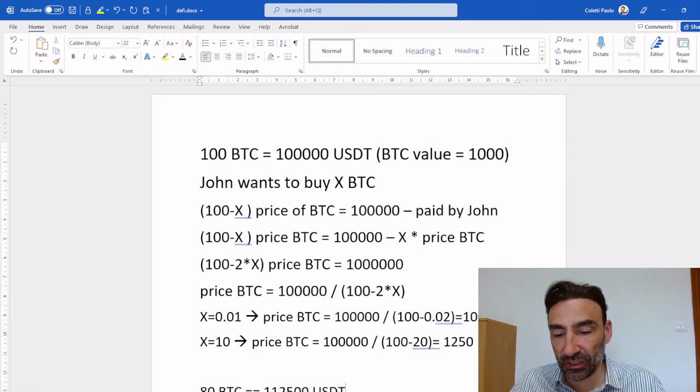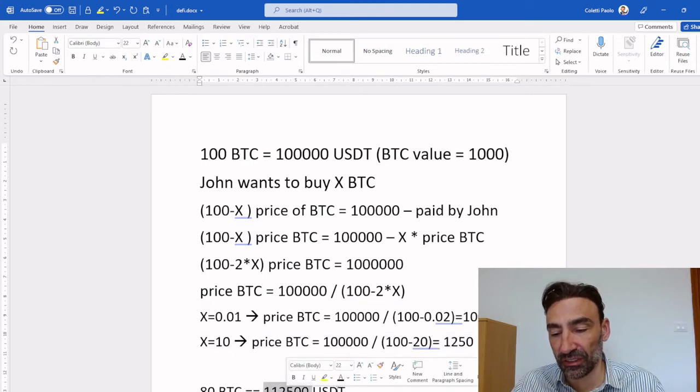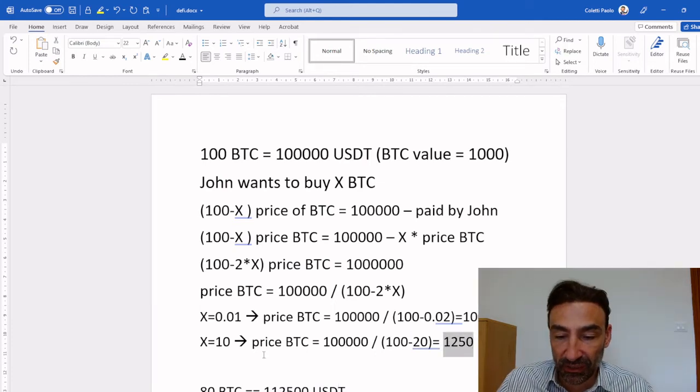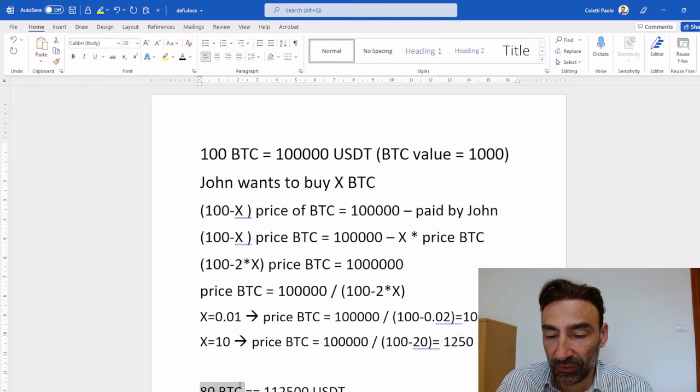So this is the current reserve after this purchase by John: 80 Bitcoin and 112,500 USDT, which with a current price of Bitcoin equal to 1250 makes the two parts worth exactly the same.